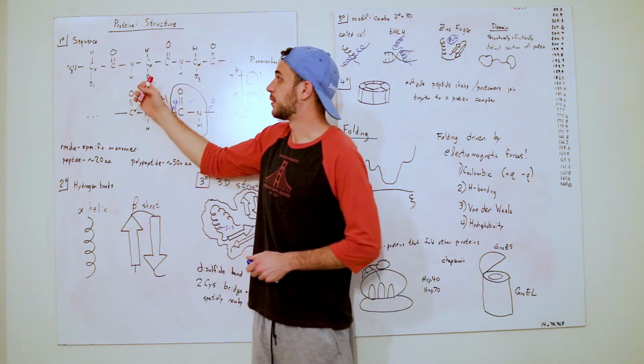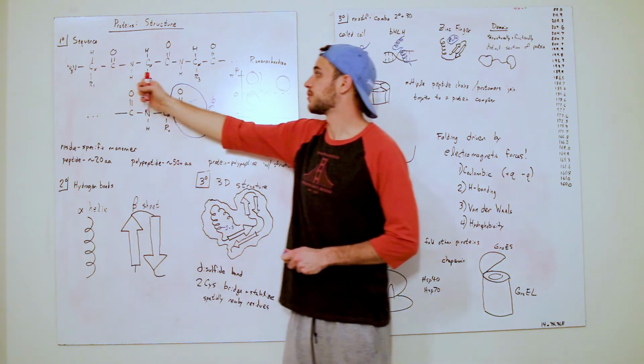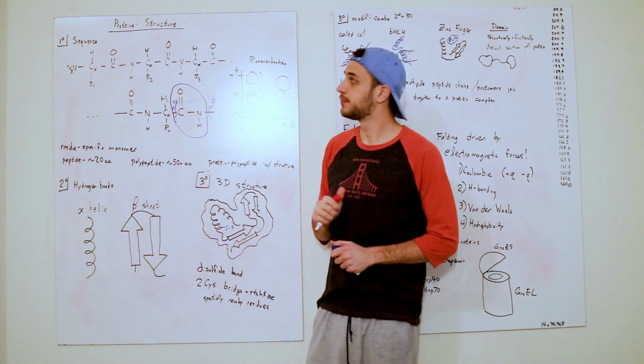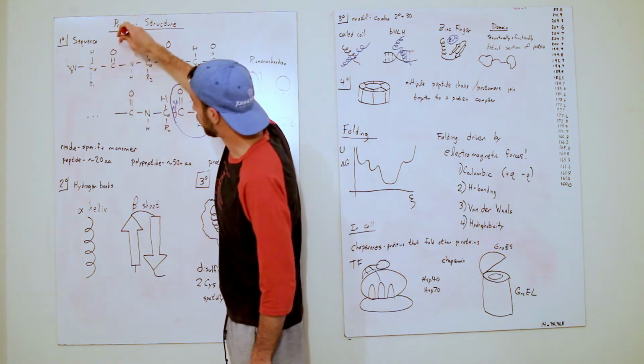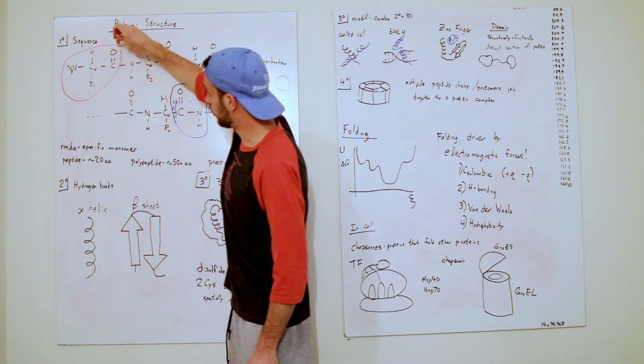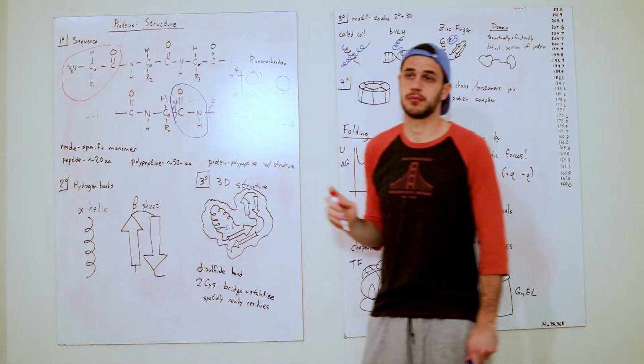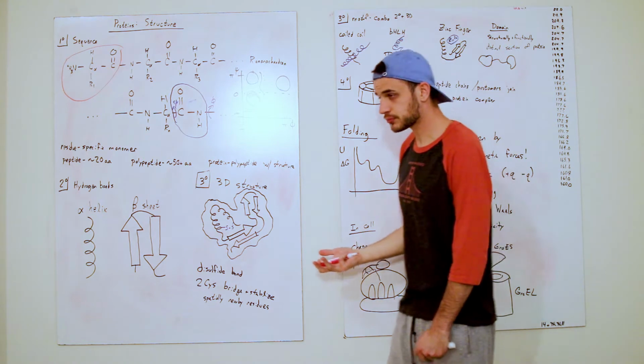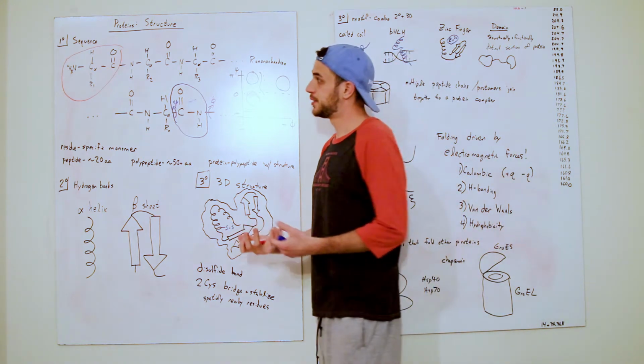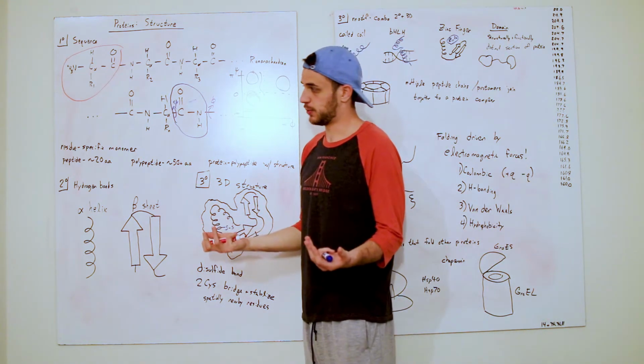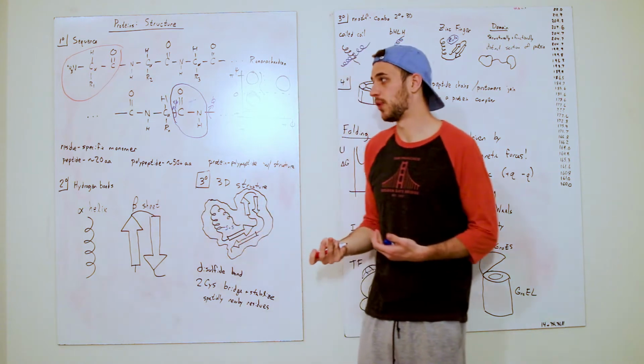And we have the different amino acid side chains noted by these R's here. If we remember, this is a single peptide unit. So that's the primary sequence. It's just the sequence of the residues.